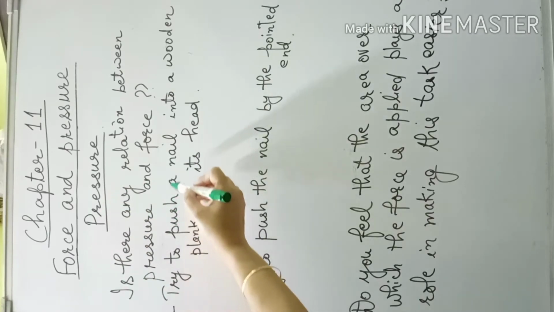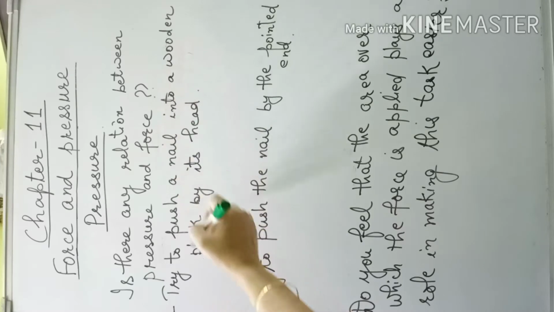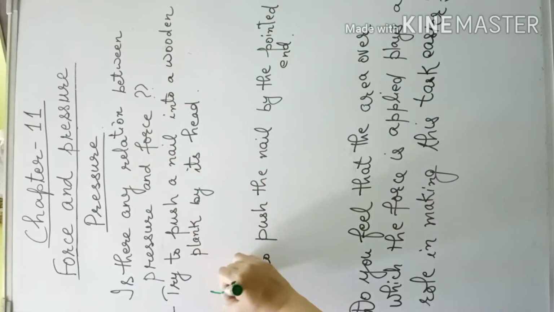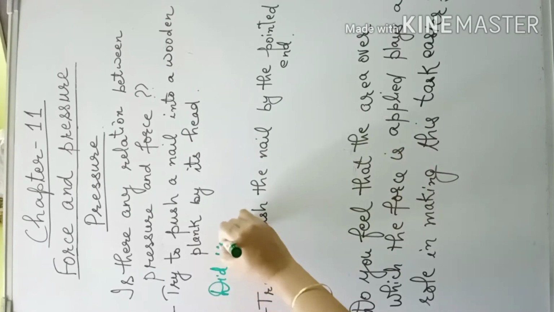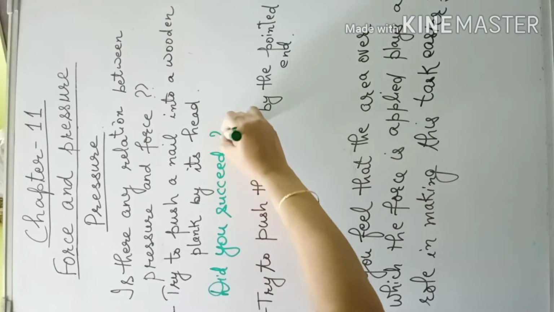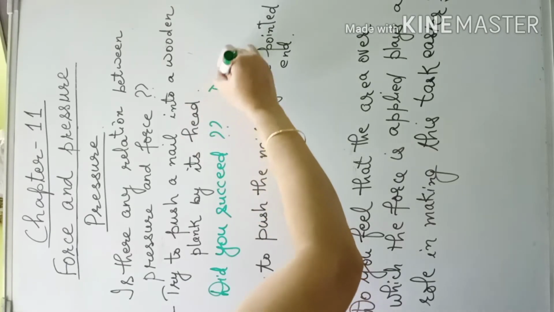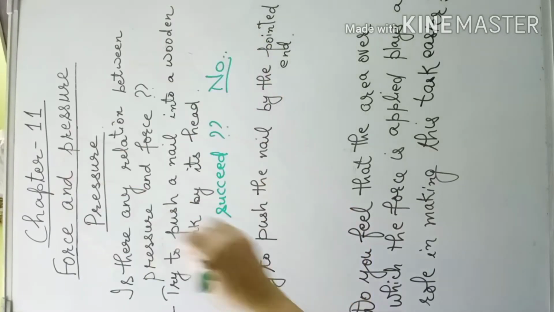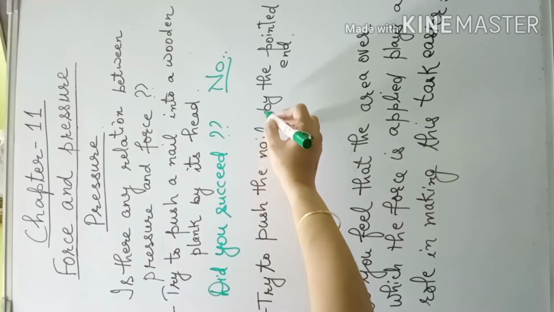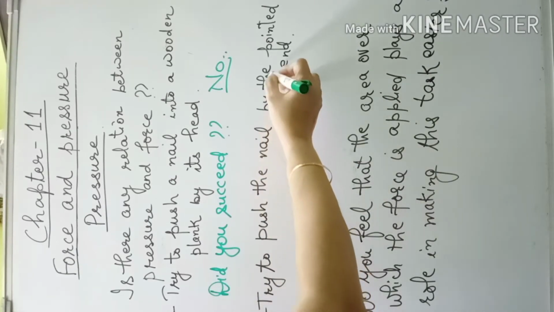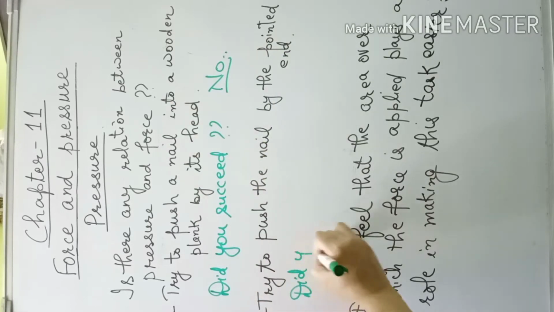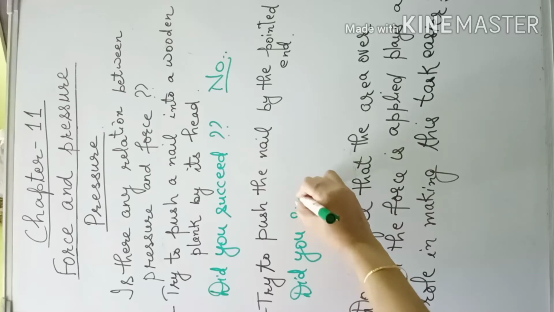Try to push a nail into a wooden plank by its head. So did you succeed? No. Now try to push the nail into the wooden plank by the pointed end. So did you succeed now?